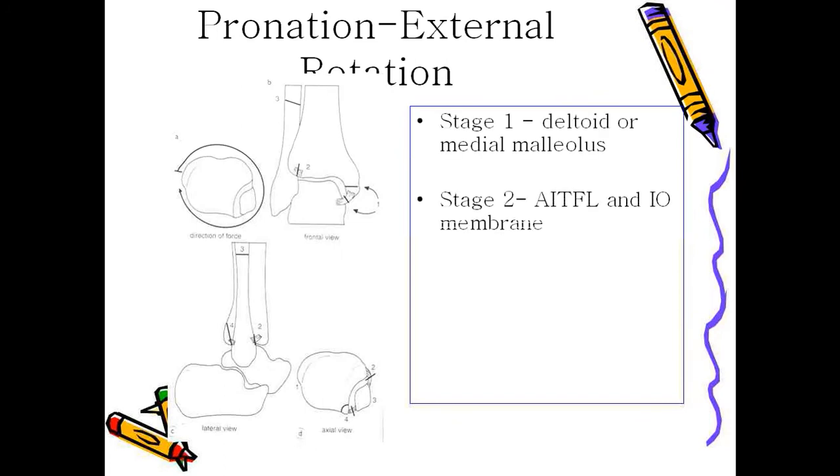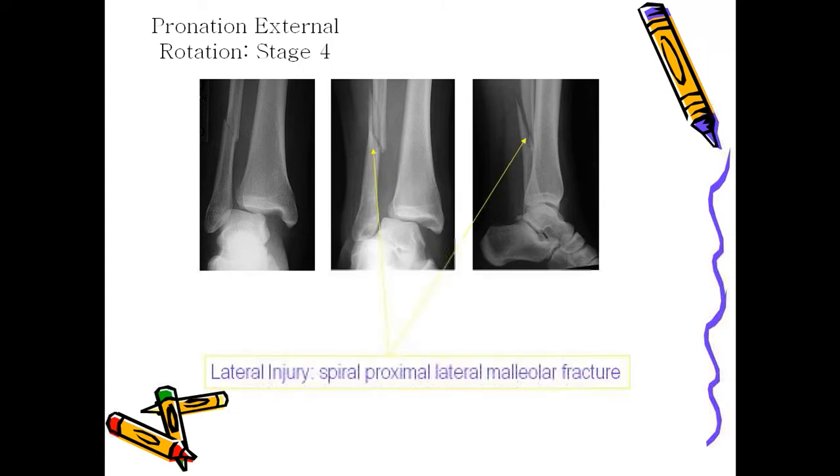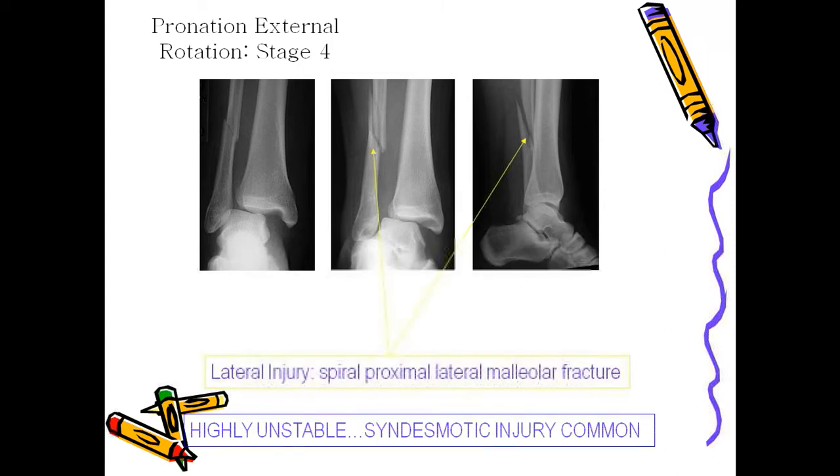So I think for mechanism of injuries and all, just remember the name, just the mechanism, but no need to go very deep at your level. This is the pronation external rotation injury, in which there is a displacement of the tibia distally as well as fracture of the fibula also, both.